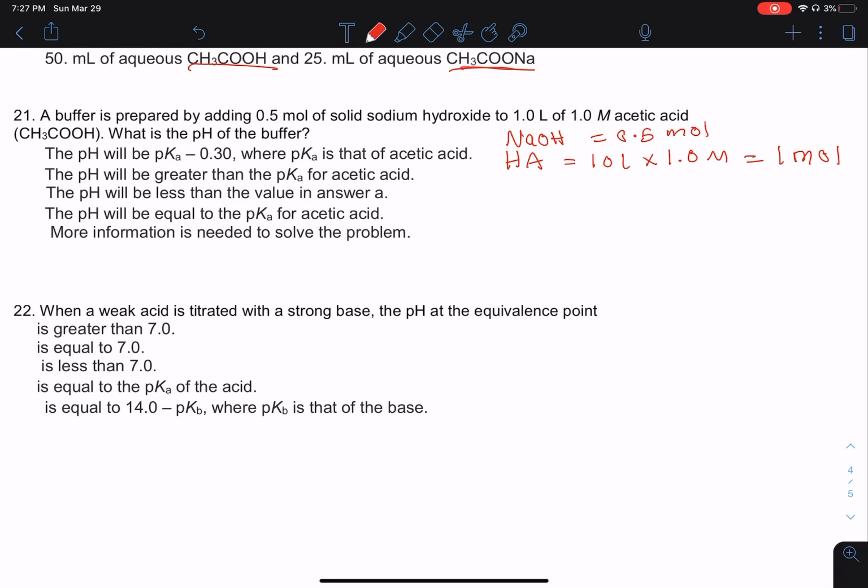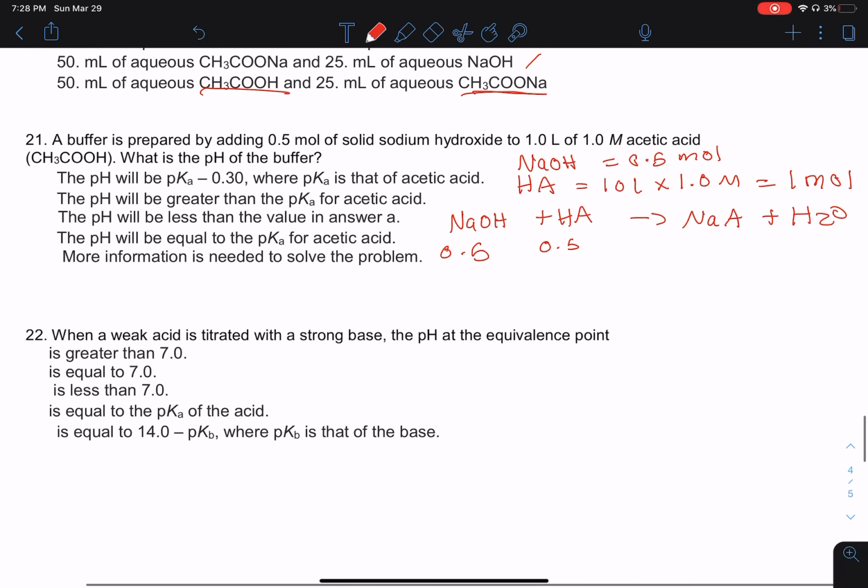So that we can create the reaction of the buffer. So here we have 0.5 and 0.5 and 0.5 here.